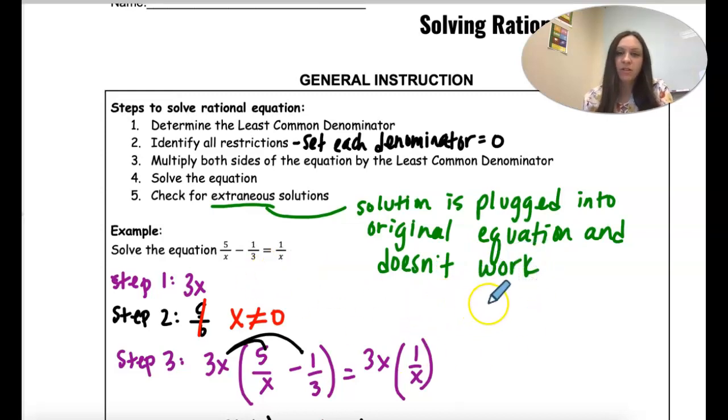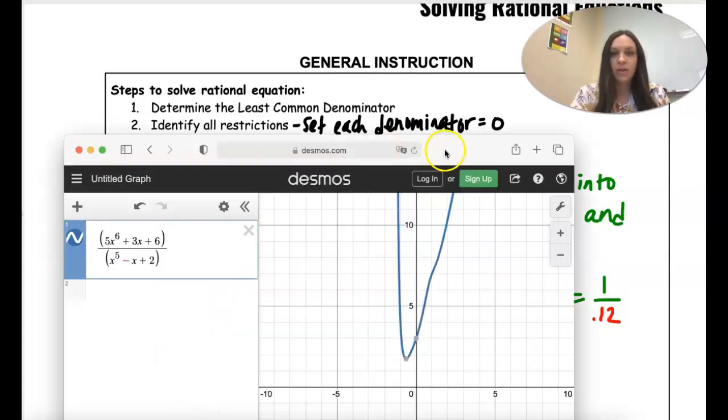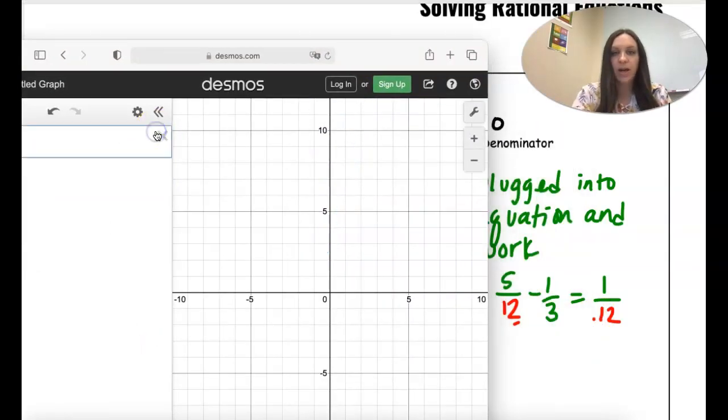So my original is 5 over x, but we solved x to be 12. So I have 5 over 12 minus 1/3 equals 1 over 12. See, I just replaced the x with 12. And then we put that into our calculator.